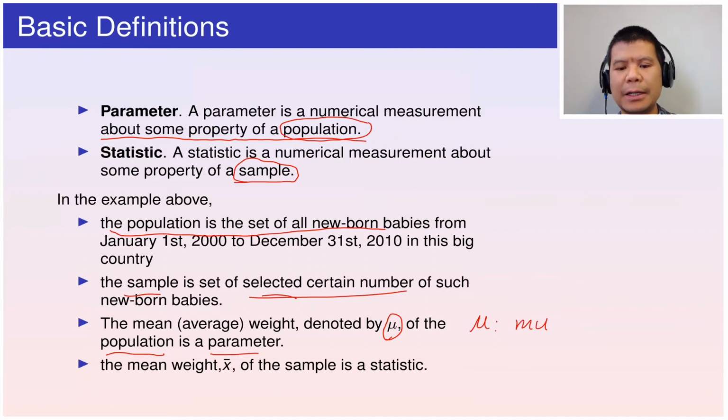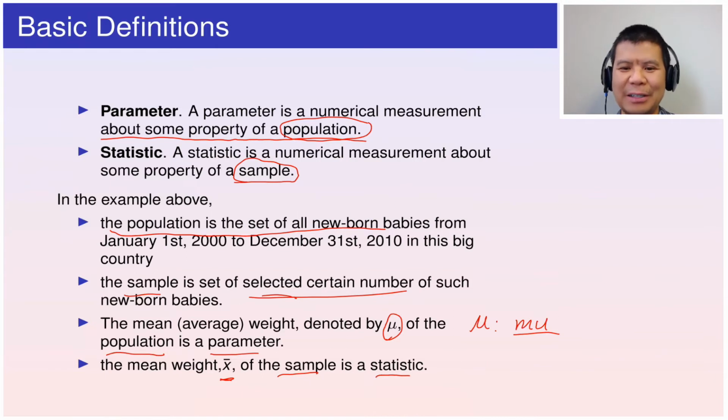A parameter is usually denoted by a Greek letter. Now, the mean weight x bar of the sample is a statistic. These are some very important concepts. Just remember, a parameter is for a population, and a statistic is for a sample.